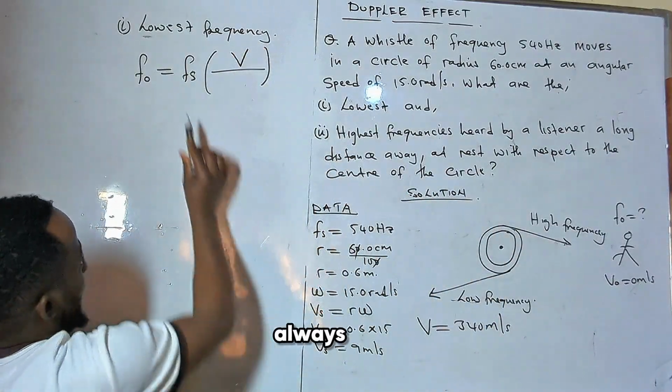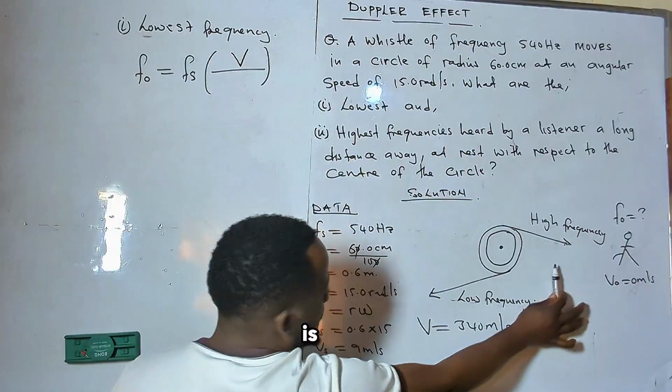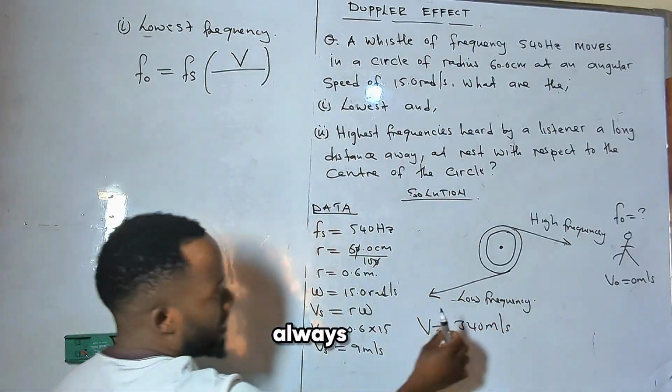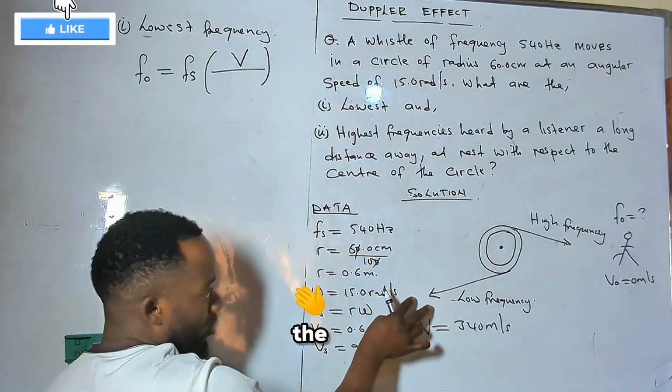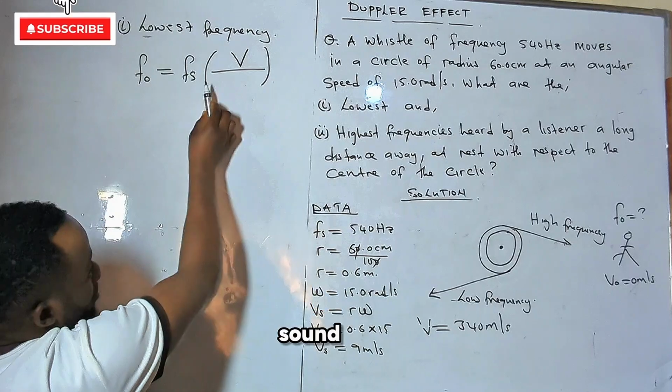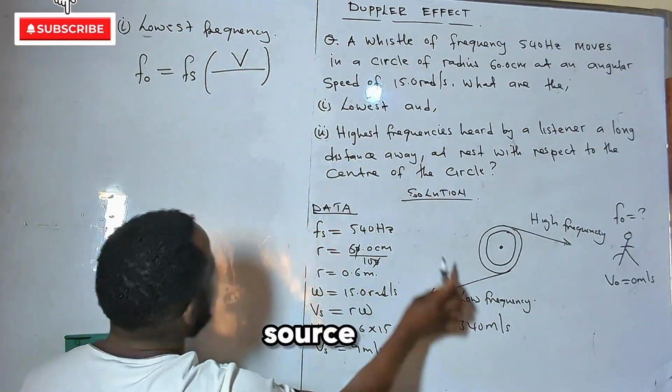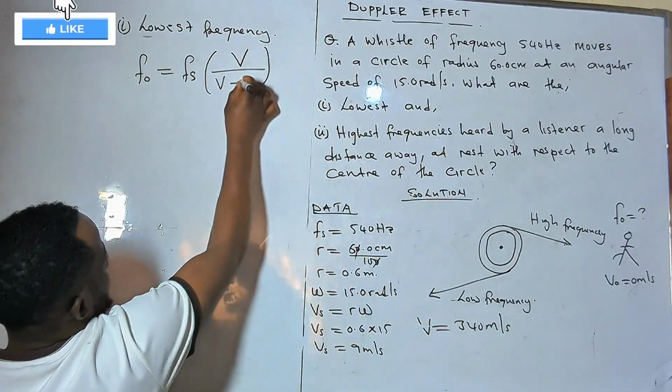Now always, low frequency is when the source is moving away from the observer. When the source is moving away from the observer, what happens to the speed of sound in air and the speed of the source? They add.